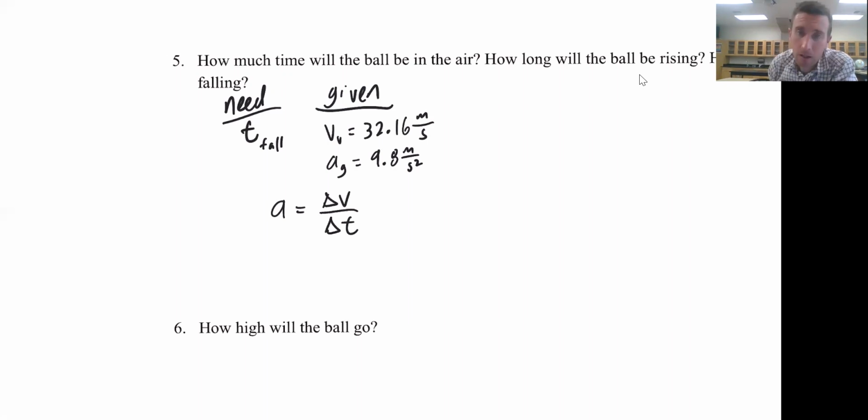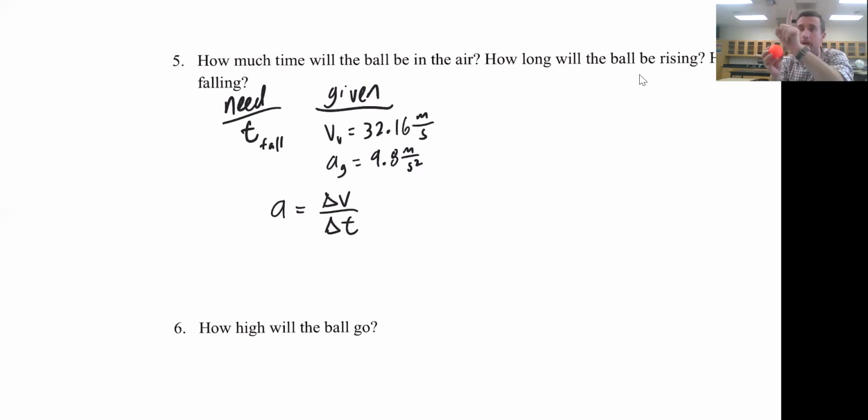All right. So I know that my vertical velocity is how fast it comes off the bat. When it reaches the very, very top, right before it starts falling, how fast is it going? Well, it's going 0, right? It goes up, up, up, up, up, velocity's up, stops, and then down, down, down, velocity's down.